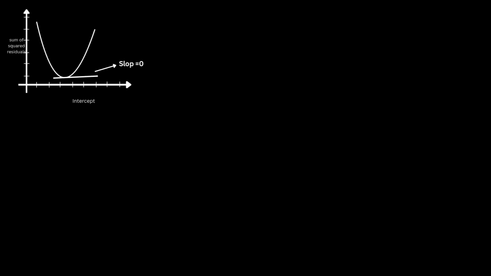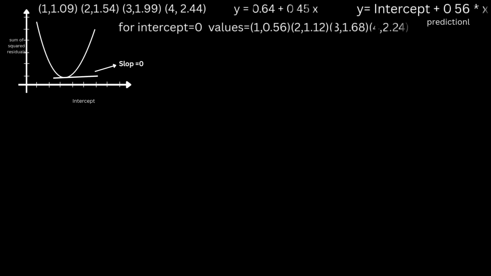Now to calculate the slope, of course we need some numerical values, right? So let's take the numerical values that we previously encountered, the practical values. For intercept 0, we have got this, and for the exact value we got the following output, right?